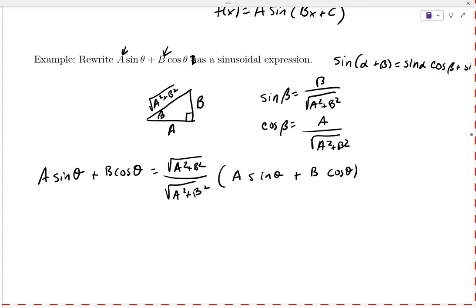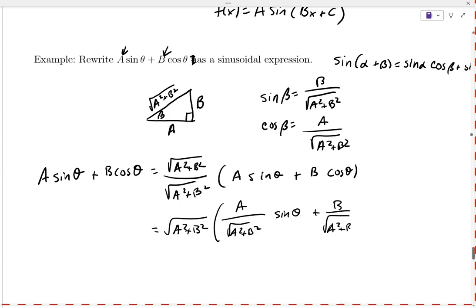Okay. All right, so now I want to see a over the square root of a squared plus b squared and b over the square root of a squared plus b squared. So I'm going to take the denominator and distribute it to both terms and leave the numerator out front. We'll write this as the square root of a squared plus b squared times a over the square root of a squared plus b squared sine of theta, and then b over the square root of a squared plus b squared cosine of theta.